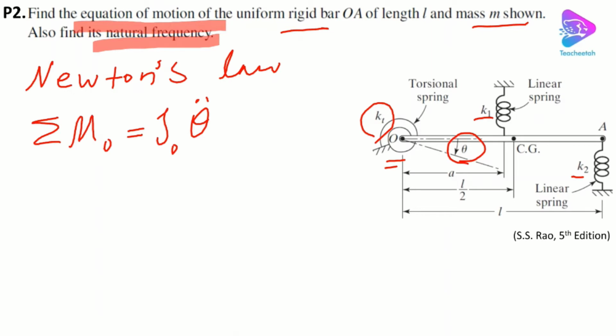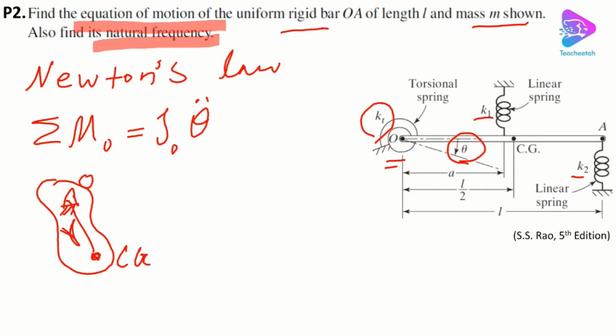imagine we have an identical or non-identical shape and the shape is pinned at an arbitrary point, for example at the point O, and we know that the CG is located somewhere, for example here. This is the center of gravity, and the distance between the pinned point and the center of gravity is R, right?